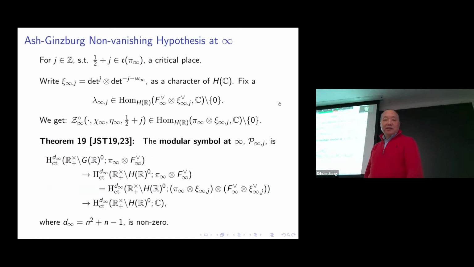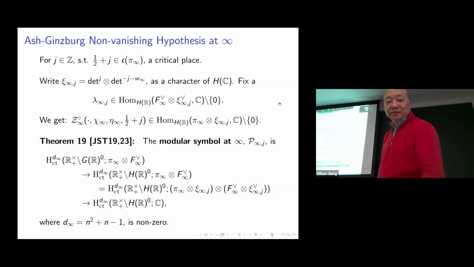Okay. So now Ginzburg's non-vanishing assumption basically introduces the modular symbol, which is a composition of this so-called canonical map. But in the end, you have to show that its composition is non-zero, right? But we prove this based on our construction of this particular vector. Yeah, so that saves us.